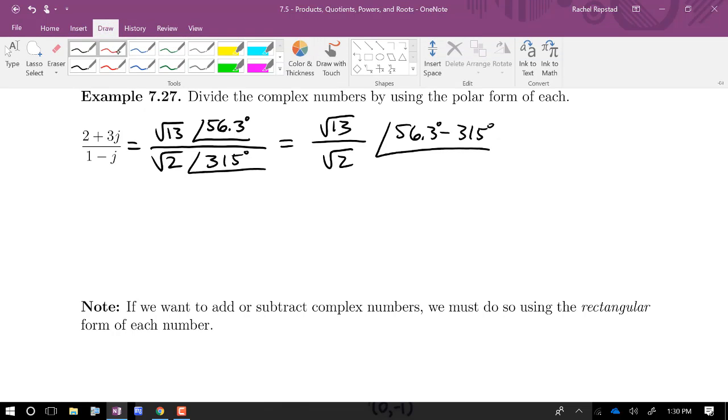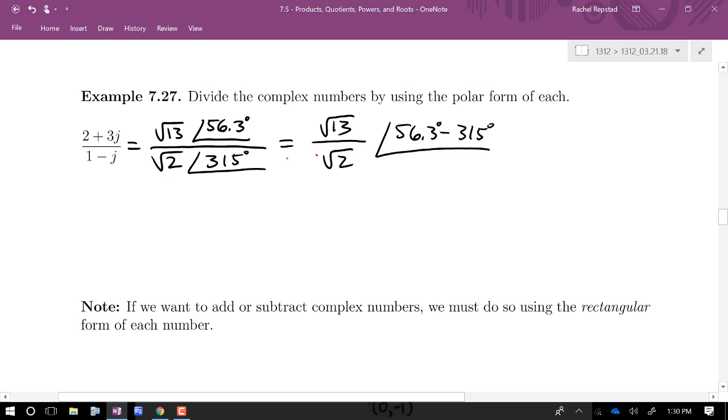While we're here, we're going to do the subtraction and maybe have to fix that angle, but may as well rationalize this denominator. So we got root 26 over 2 at an angle of, what does this give us?